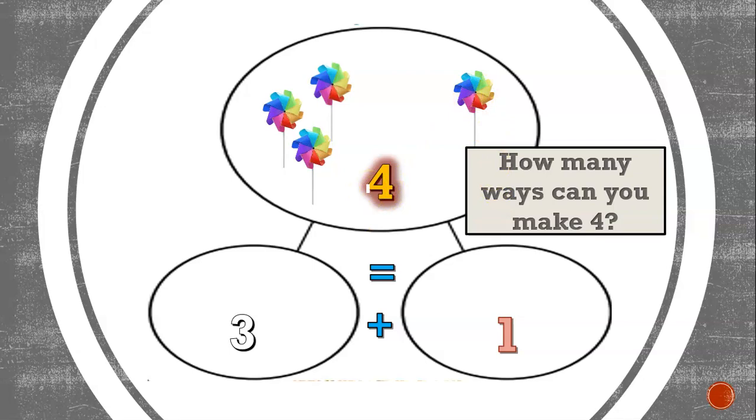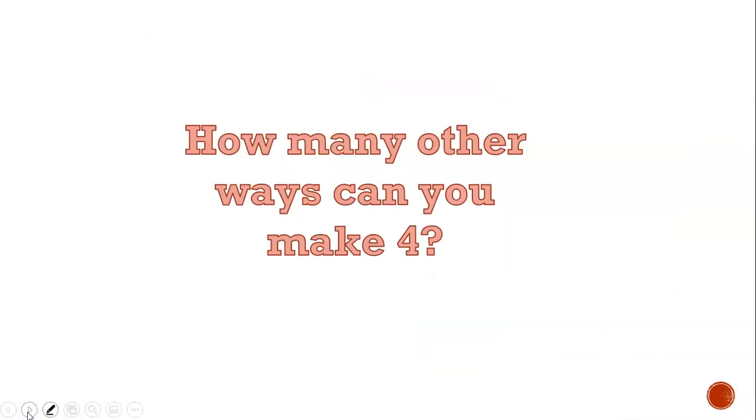So 3 pinwheels plus 1 pinwheel will give me the magic number of 4. Are there other ways that you can make 4? I think there is. Share with your parent or your sibling some other ways that you can make 4.